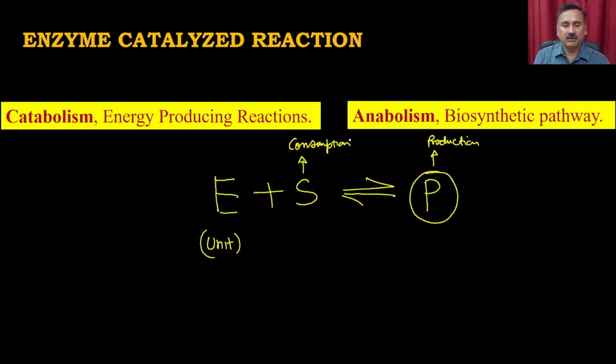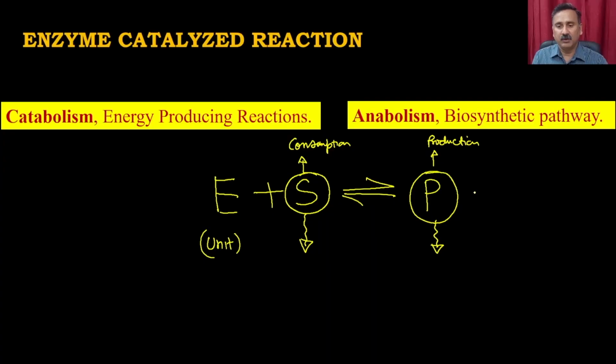To measure the substrate or the product, I can use an exclusive property associated with the substrate or with the product. In many cases, we can see the disappearance of the substrate; in some cases, the appearance of the product.